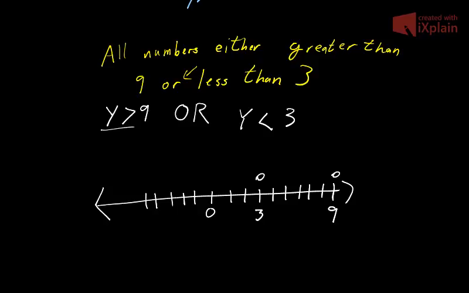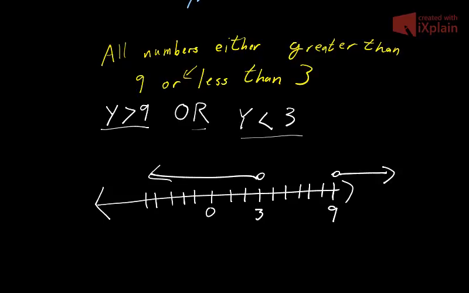So I'm going to start with y is greater than 9. There's no equal sign there, so it's going to be an open circle, and greater is that way. Then this says or y is less than 3, so y is less than 3 would be this way. And just like that, we're done. So that was pretty easy. For or statements, you just put both the arrows on there, and then you leave it. You're good to go.